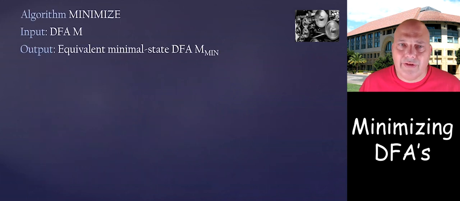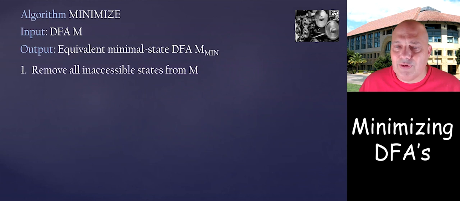So we have an algorithm for finding the equivalence classes, and now we can define the algorithm that outputs M min, the minimal state DFA which is equivalent to M. That's the algorithm we said we were going to have.